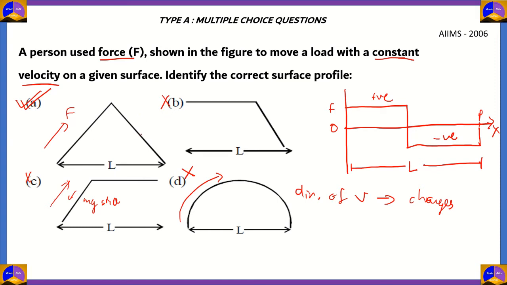And that force happens to be the exact opposite, so it's in a negative direction. So therefore option A correctly represents the graph in this drawing, and it is the correct surface profile for this graph. Option A is the correct option.